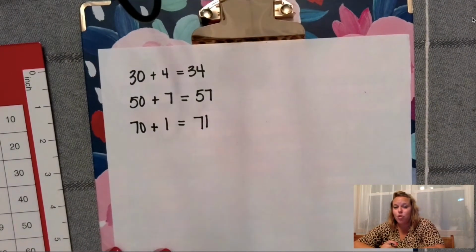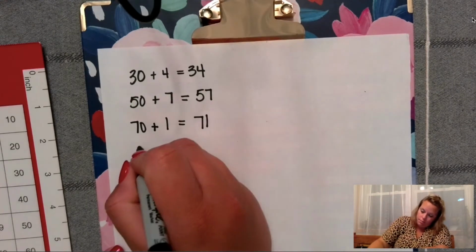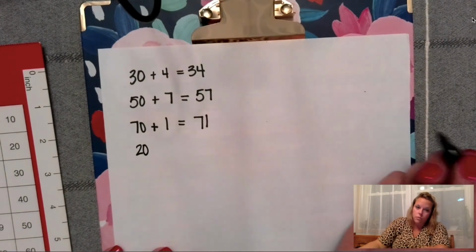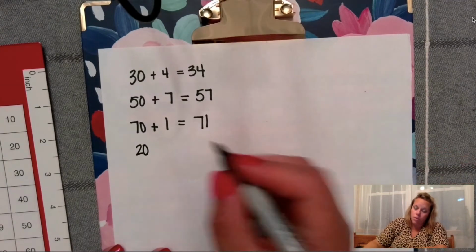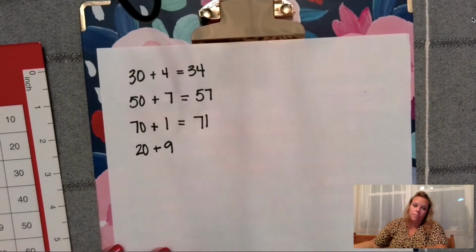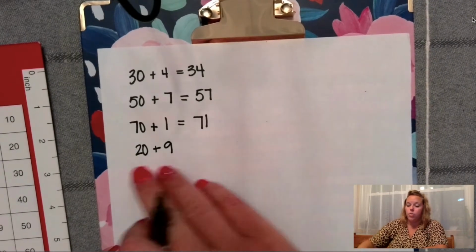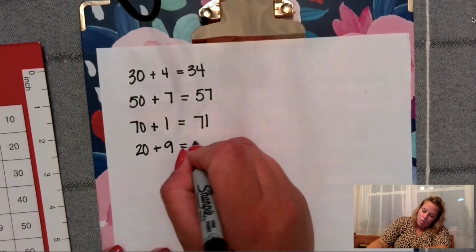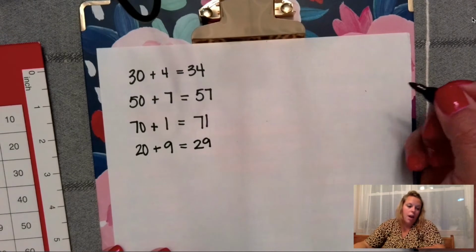Last one, how about 29? What do you hear first in 29? 20. Then what do you hear? 9. Right. But we're not going to write 20 plus 9. We want to put 29.